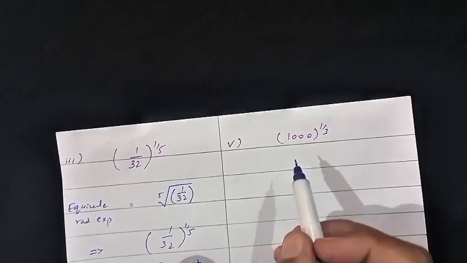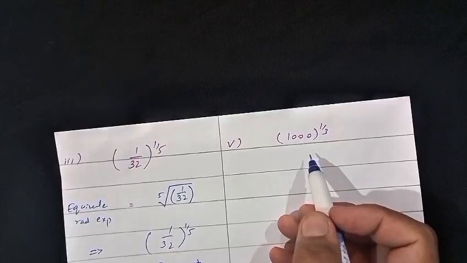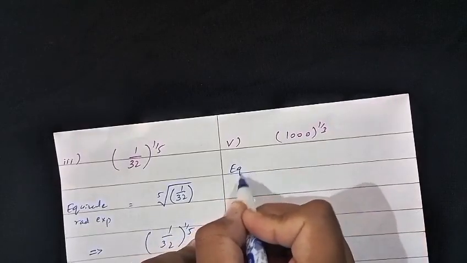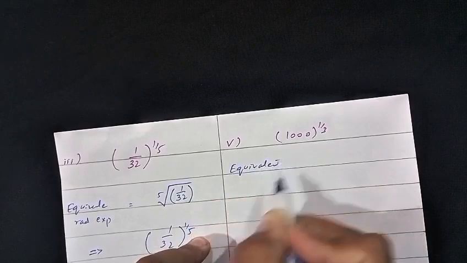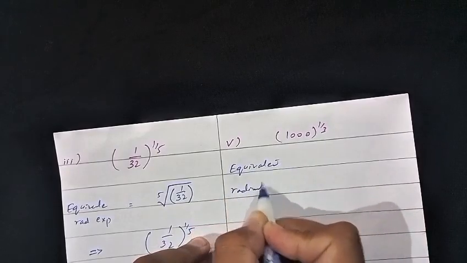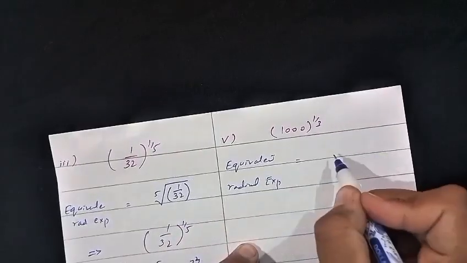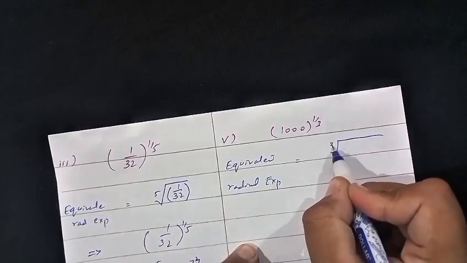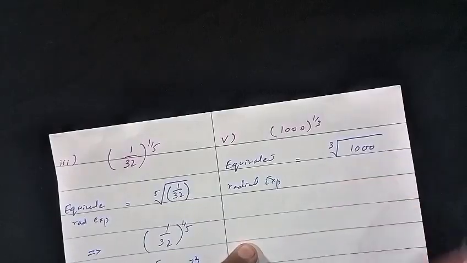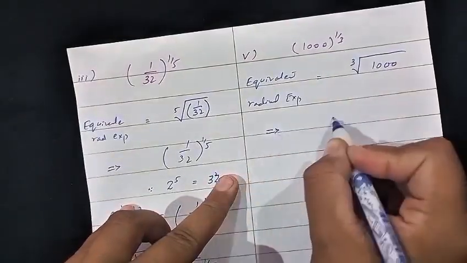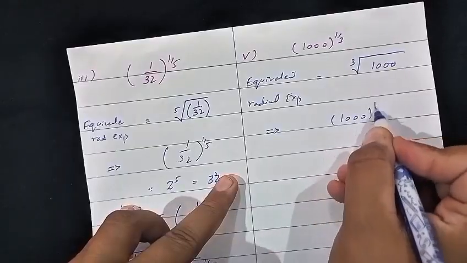Here the exponential expression is 1000 with exponent 1 by 3. So first we write the equivalent radical expression. Here 3 is the index, so we write it as cube root of 1000. This is the equivalent radical expression. Now we simplify the exponential expression, that is 1000 power 1 by 3.